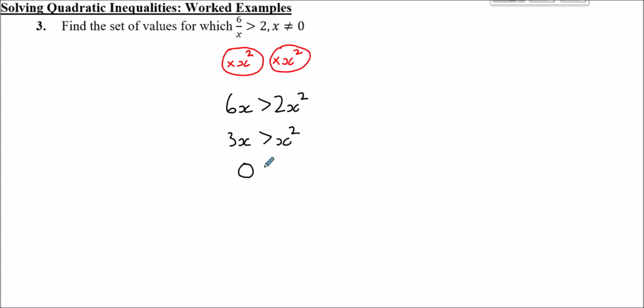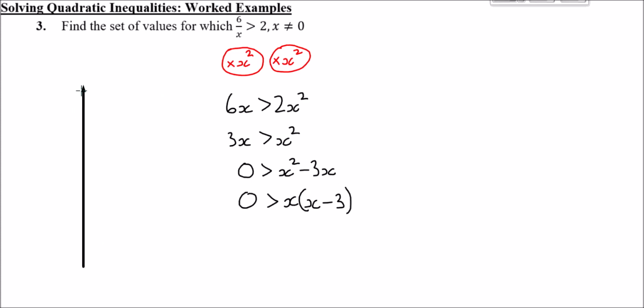Minus 3x on both sides, we get 3x on the other side. So 0 is greater than x squared minus 3x. We can now factorize this right-hand side to obtain that 0 is greater than x, brackets, x minus 3.